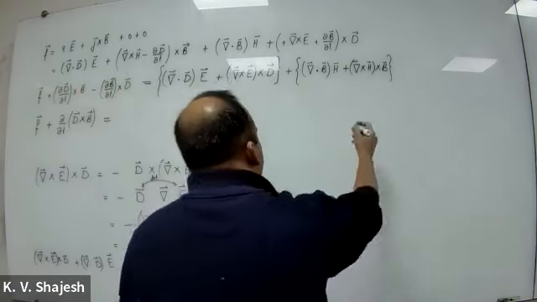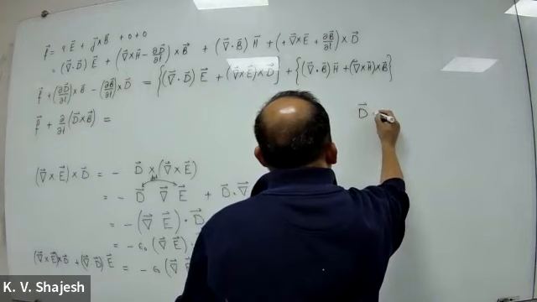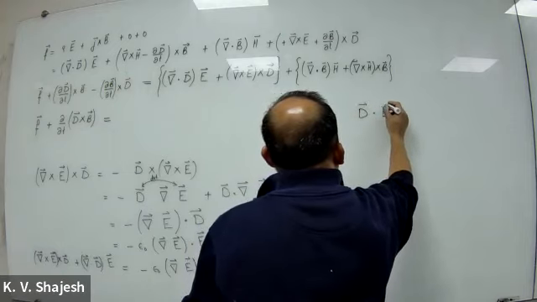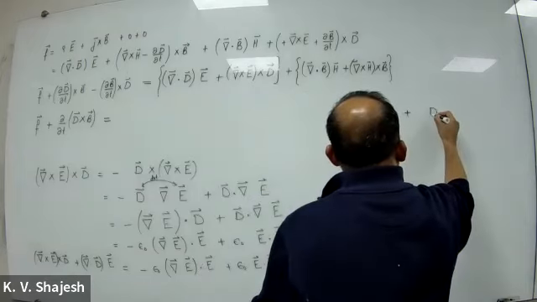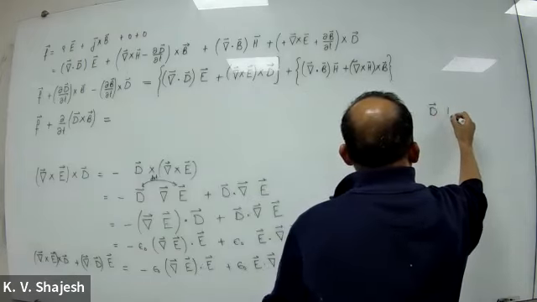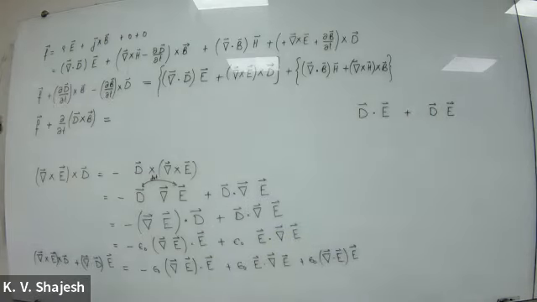So let's think of the dotted with E plus E times E, and it might be negative.